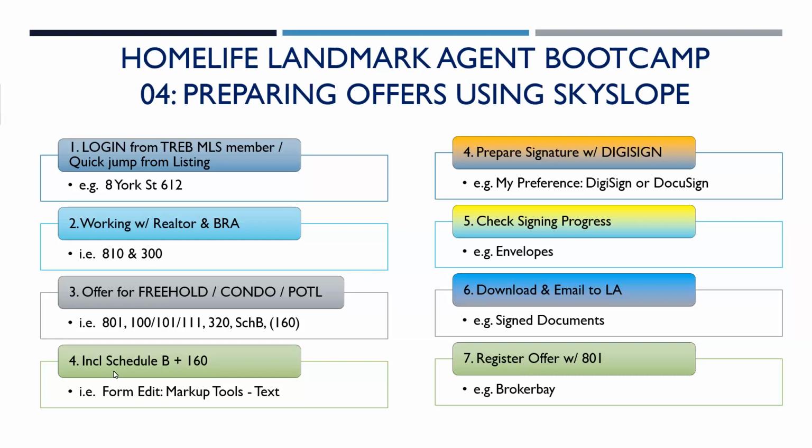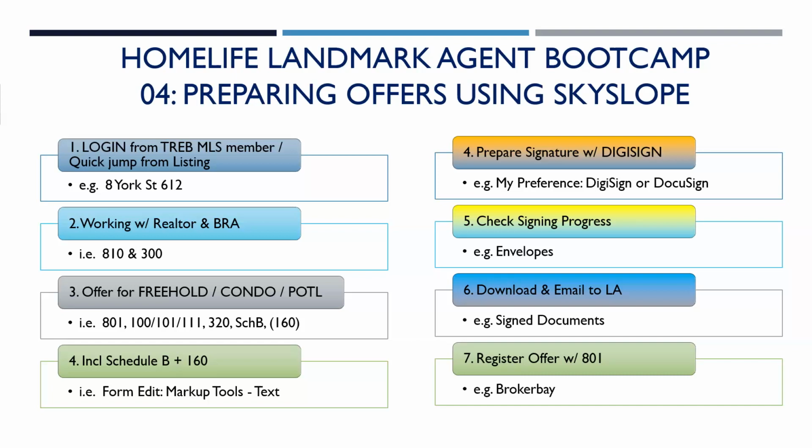And then I'm going to show you how you can include the Schedule B, and also edit the Schedule B, okay, because the Schedule B doesn't come with the buyer name, the seller name, and the address. Right? You're going to fill it in, right? A good way to do it is when you do the signing, you can fill it in.